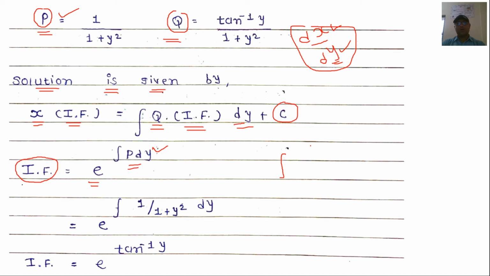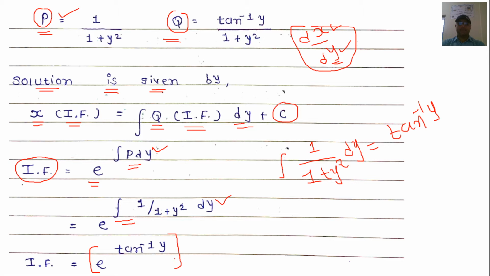Integration of 1 upon 1 plus y square dy is tan inverse y. So IF is equal to e raised to tan inverse y.